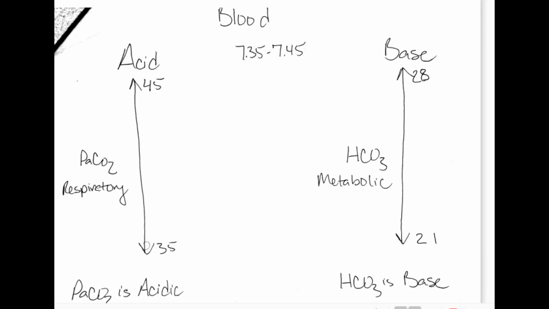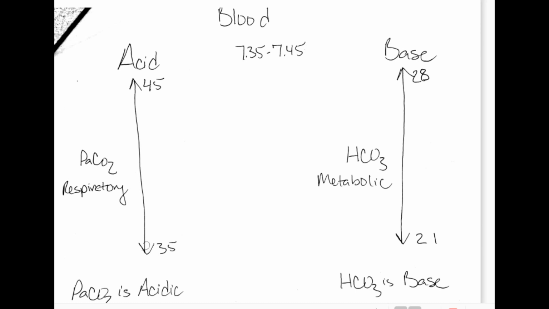So let's focus on the main component of ABGs. We're talking about the pH of our blood. This has to be in perfect balance at all times in order to prevent any complications. This is homeostasis. So the normal pH of our blood is 7.35 to 7.45.